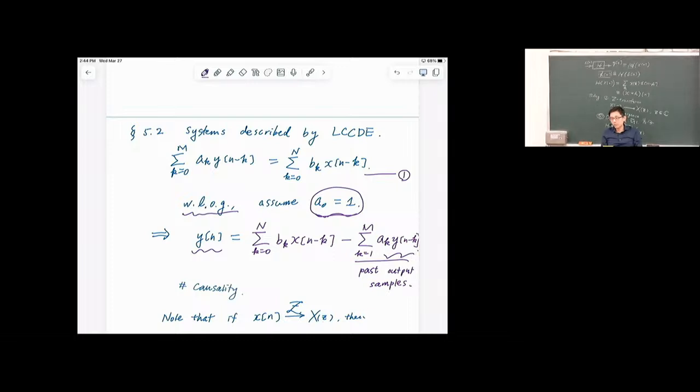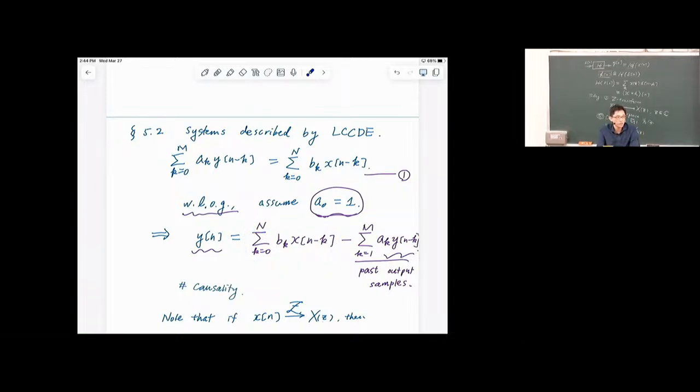Why do I think this is an important way of writing the equation? Because now every sample can be computed by calculating a difference between the sums. The first sum is just a linear combination of the input and past samples of the input.